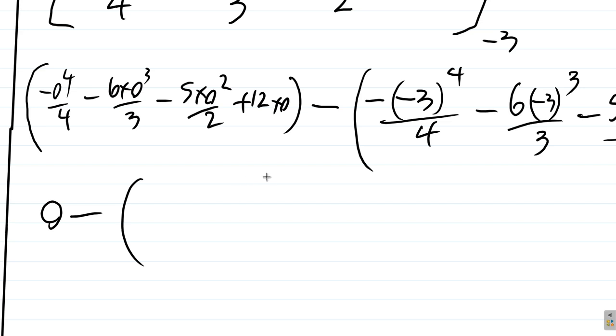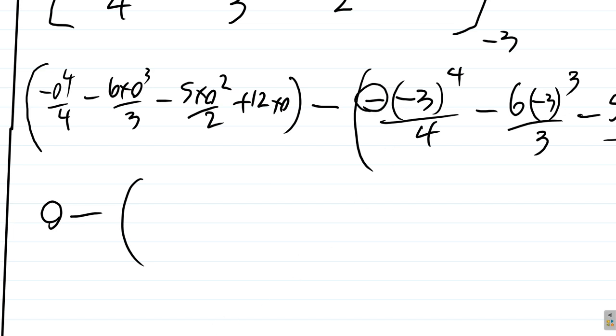What is negative 3 to the power of 4? 3 3 is 9, 9 3 is 27, 27 3 is 81. Positive 81, because there are 4 negatives multiplied.